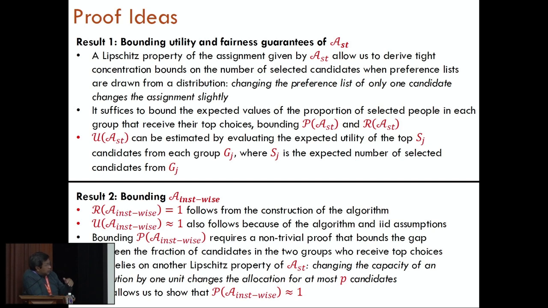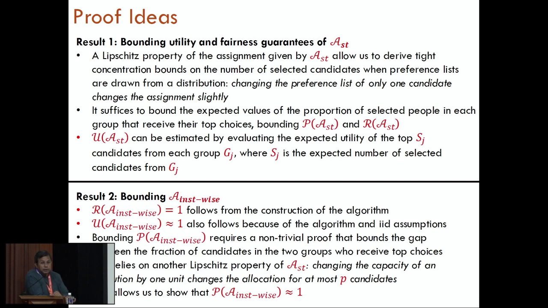So for instance, the second result relies on this property of Gale-Shapley, which tries to understand what happens when you change the capacity of an institute by 1. How do the allocations change? This is a question that you could have asked irrespective of this work, and the answer turns out to be intricate.